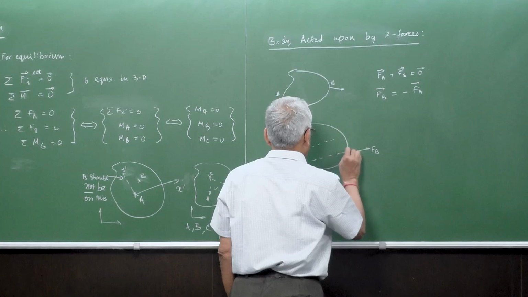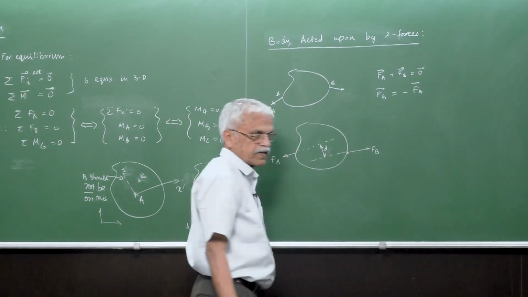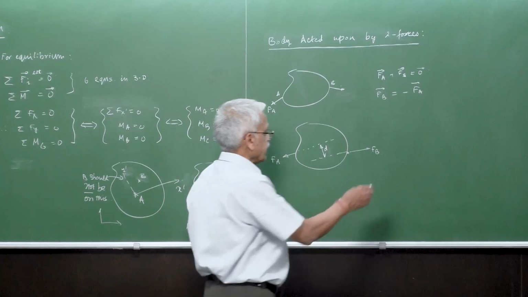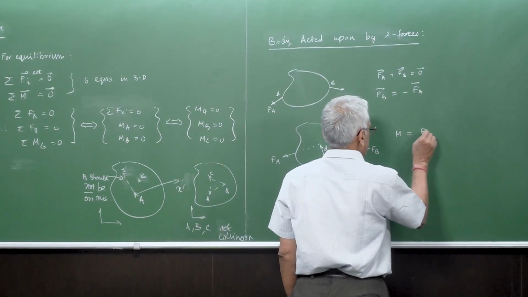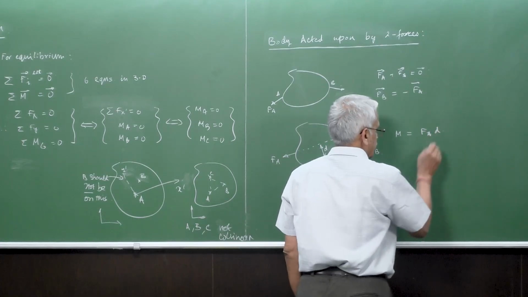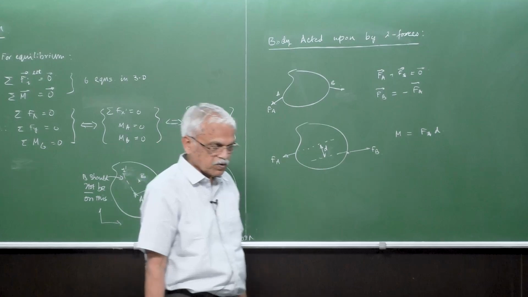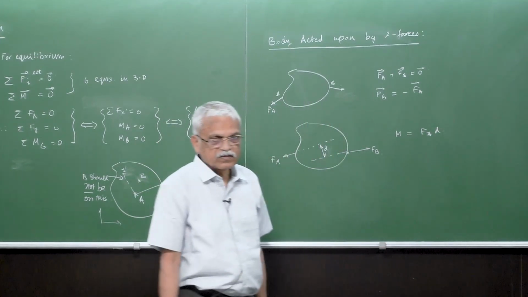If these two forces are separated by a distance d, they are parallel obviously, and the moment is Fa into d. This is all very simple, and you might be aware of it; just for the sake of completeness I'm doing these simple cases.